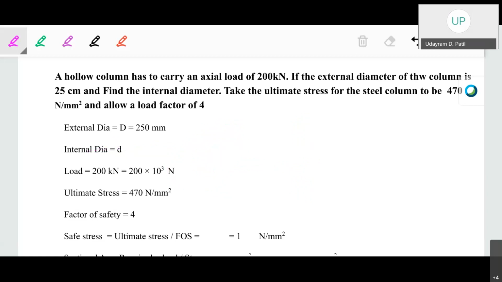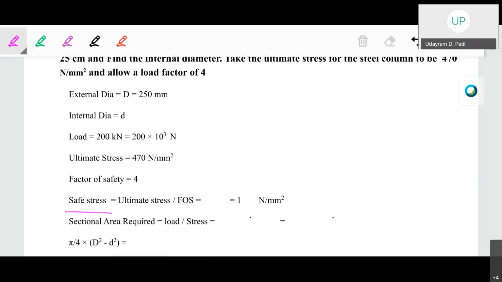Factor of safety we also call load factor. Here the ultimate stress is given as 470 Newton per mm square, and the load factor is given as 4. Therefore the safe stress will be the ultimate stress divided by the factor of safety, that is 470 Newton per mm square divided by 4.